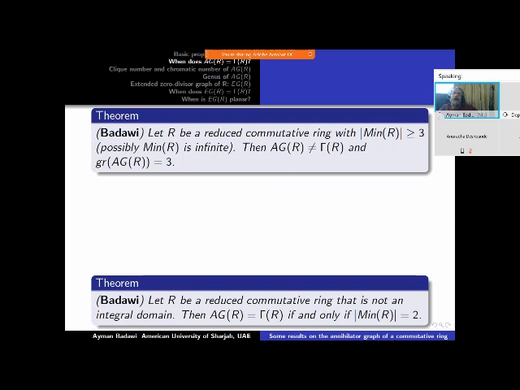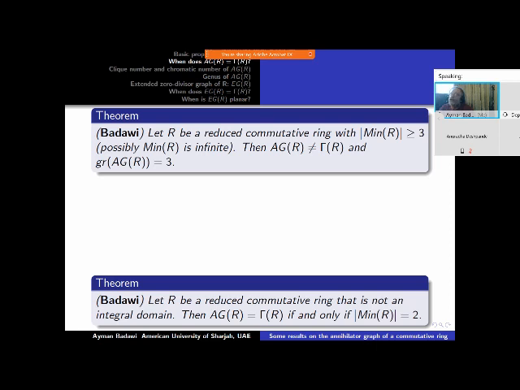Let R be a reduced commutative ring and assume the number of minimal prime ideals is bigger or equal to 3. Then the annihilatory graph will never be equal to the zero divisor graph, and the girth will be 3.